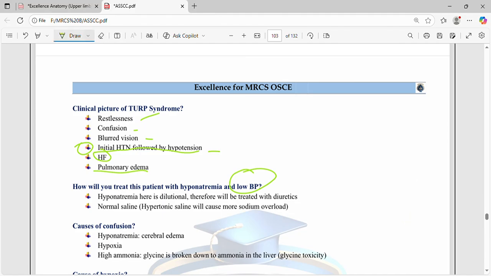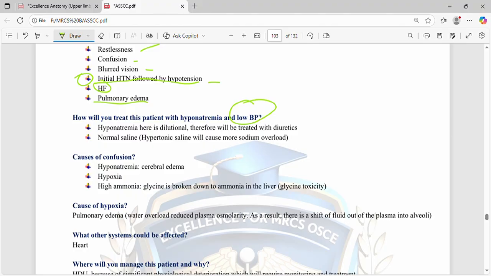If there is hyponatremia, it will cause cerebral edema, because the free water will go from the hypotonic plasma into the hypertonic intracellular space of the brain cells or neurological cells. Also hypoxia and high ammonia: glycine is broken down to ammonia in the liver.